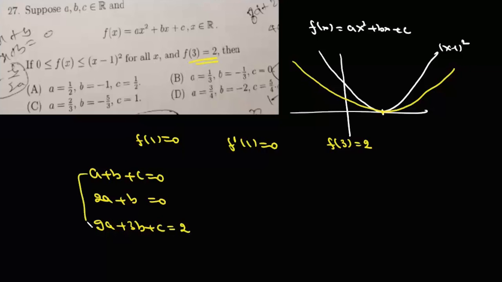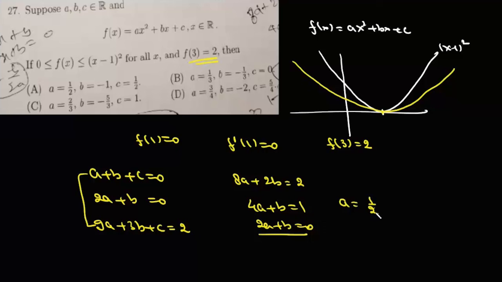Now we'll subtract the first from the third, we can write 8a plus 2b equals 2, or 4a plus b is equal to 1. Now we're given 2a plus b is 0. So from here we'll get the value of a as 1 by 2, and if a is 1 by 2, the value of b is minus 1, and the value of c again is 1 by 2. So it will be this option A.